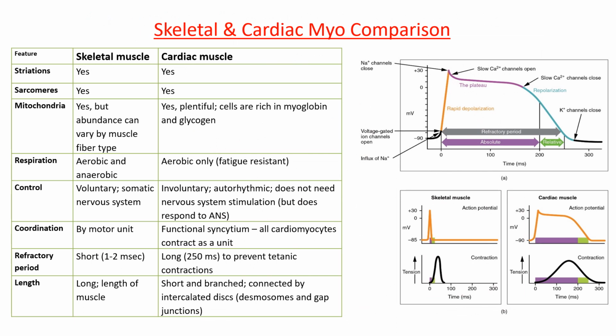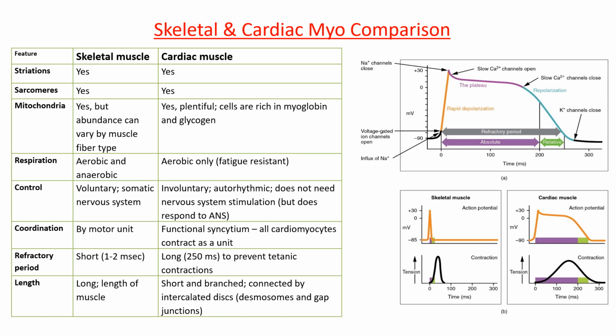When we dig a little deeper when it comes to skeletal versus cardiac muscle cells, yes, they're both striated. They both contain regimented sarcomeres. That's why you see those striations. But the manner in which skeletal and cardiac muscle cells contract is very, very different. Skeletal muscles, by and large, it doesn't seem like this, we don't notice this, but most of our skeletal muscles are at rest most of the time.